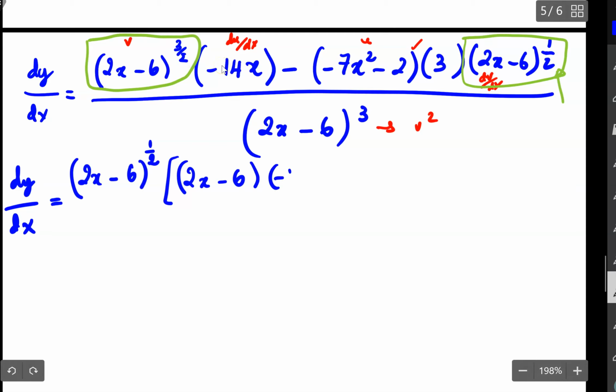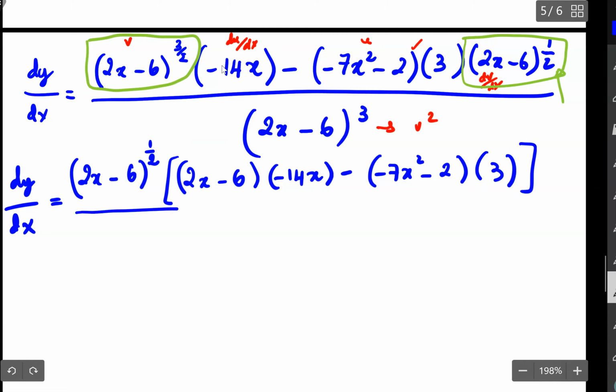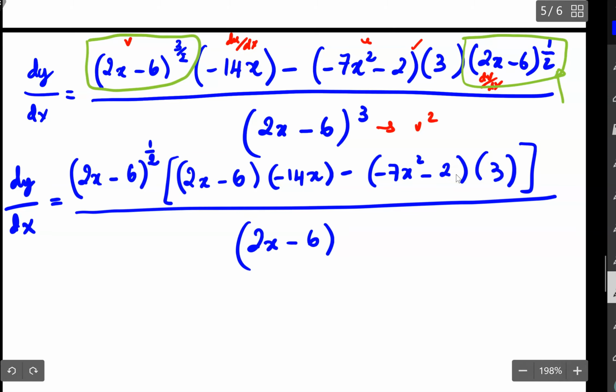And negative 14x stays the same, and subtract minus 7x squared minus 2 times 3. This one is already out as a common factor, so you only have this product left over. And at the bottom we have 2x minus 6, all of it raised to exponent 3.